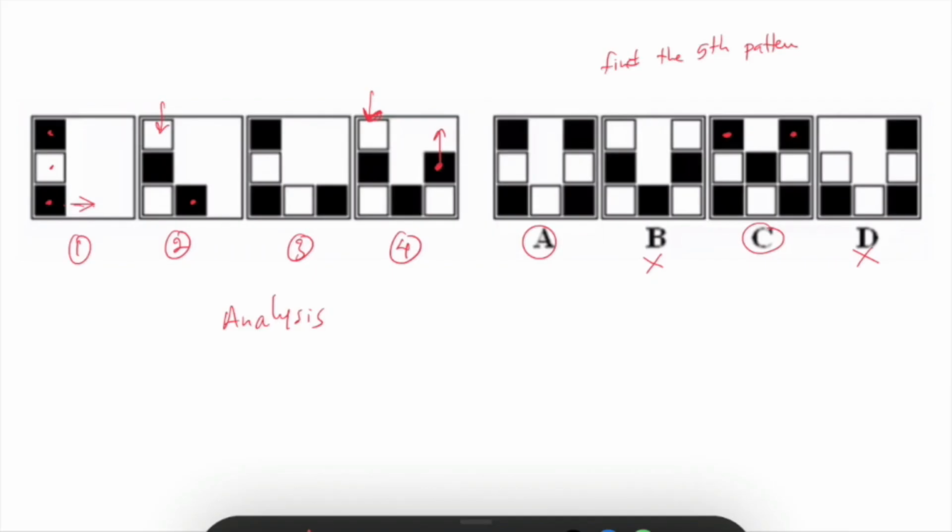That's okay with C and A, but C has this extra square in the middle, which is not present in the four patterns. So I eliminate C and I'm left with A as the right answer.